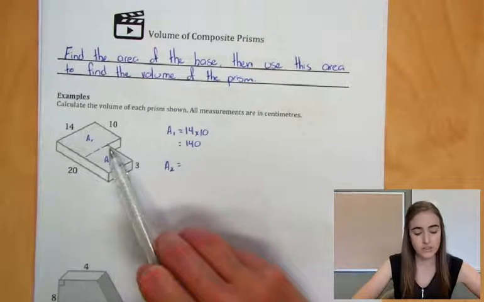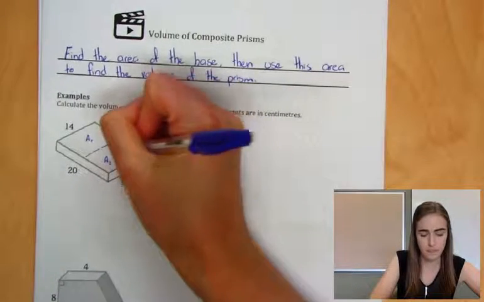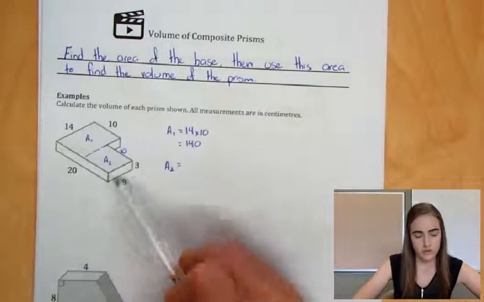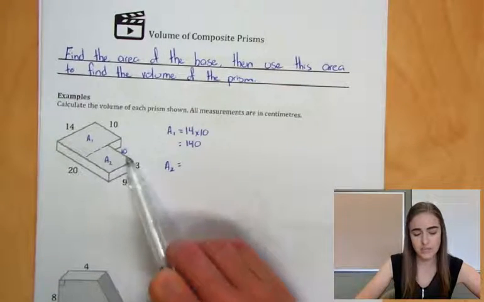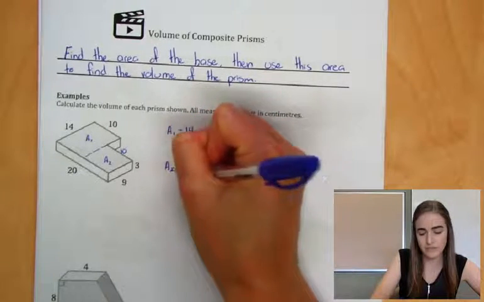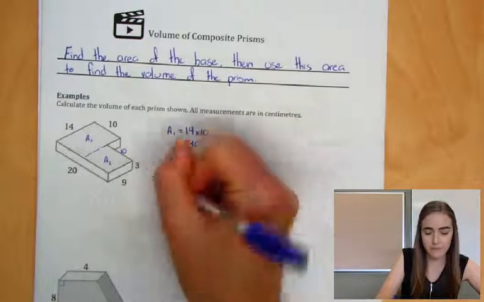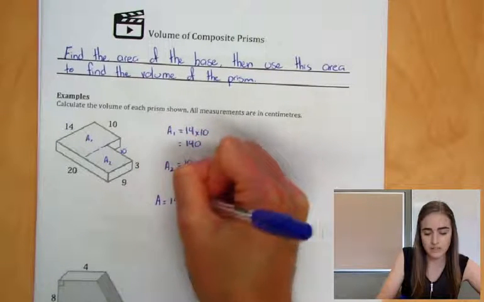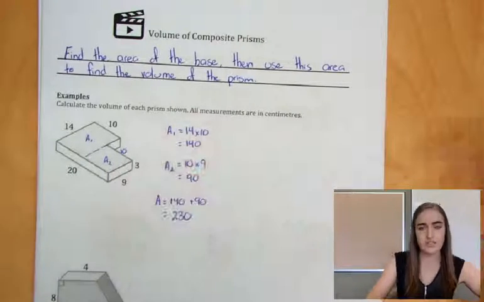So that means that what's left over for this bit has to also be 10. And we're also told that this length along here is 9. So the area of this shape will be 10 times 9, which would give us 90. So that means the total area of that base would be 140 plus 90 would give us 230.